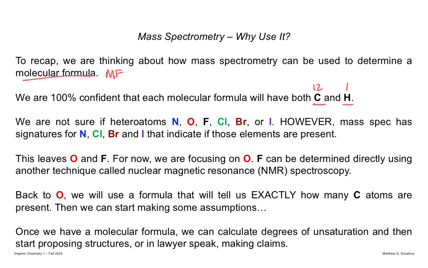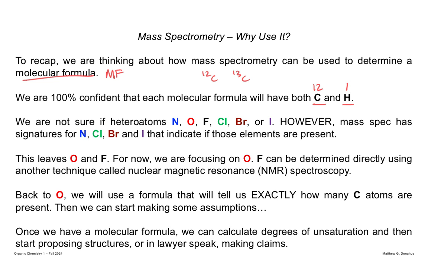But, you know, in recalling the screencast on Wednesday, these elements can have isotopes. And isotopes, they differ in the mass. So sometimes you'll see things like this, carbon 12, carbon 13.